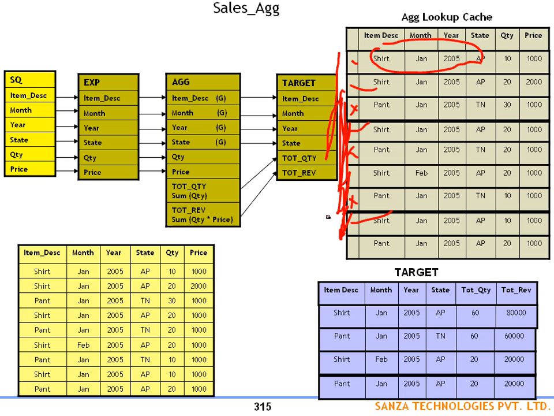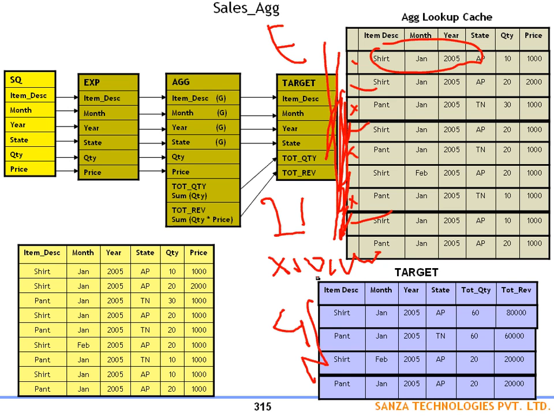Now, it is a performance issue because for each combination, it will scan 2 lakh records. Total scanning. So if you have 2 lakh records and 10,000 records of different combinations, like here in this case you have 4 combinations, then 10,000 records means 10,000 combinations.